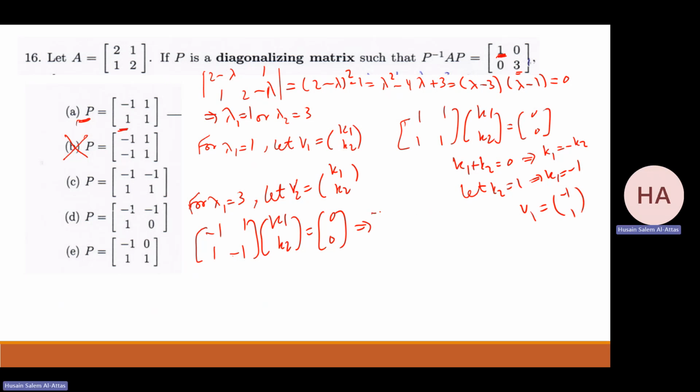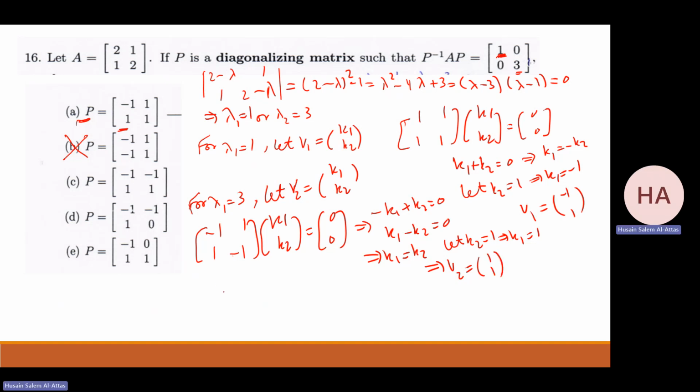Let me do it in detail. Minus K1 plus K2 equals 0, and K1 minus K2 equals 0, which is very clear. I have K1 equal K2. So I let K2 equal 1. I'm getting K1 equal 1. So what is V2? 1, 1.